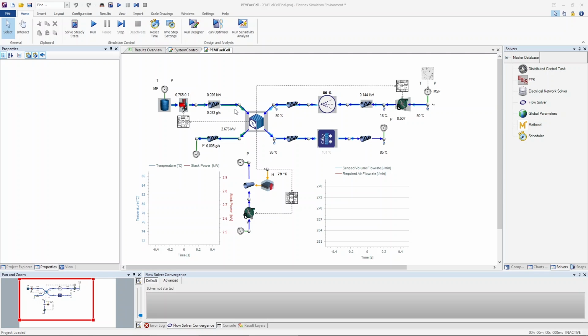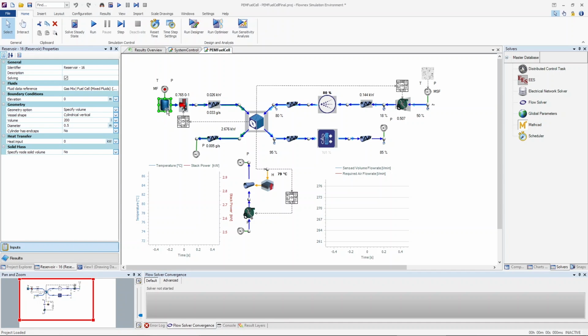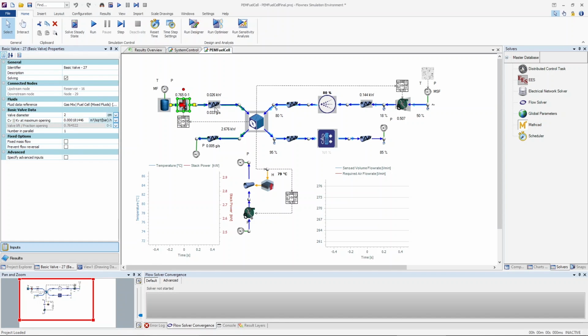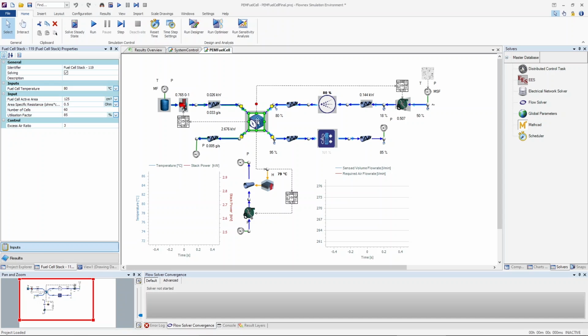Essentially, here we can see the hydrogen side. This consists of the high pressure tank for hydrogen, a valve, and then the heater being realized by this flow resistance to essentially get the required temperature of the fuel cell stack.